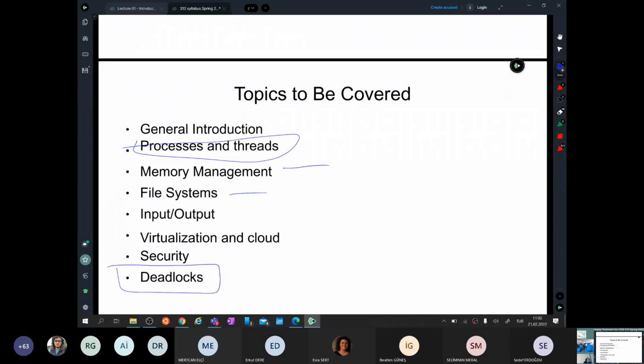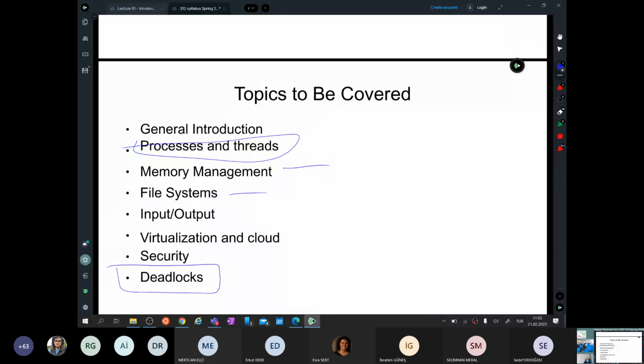Because it has a very large chapter in all of the operating system books. I don't want to talk about it, but it became part of the operating system curriculum. So I think I will talk about it for a few hours, maybe less. I don't know how much time I have.